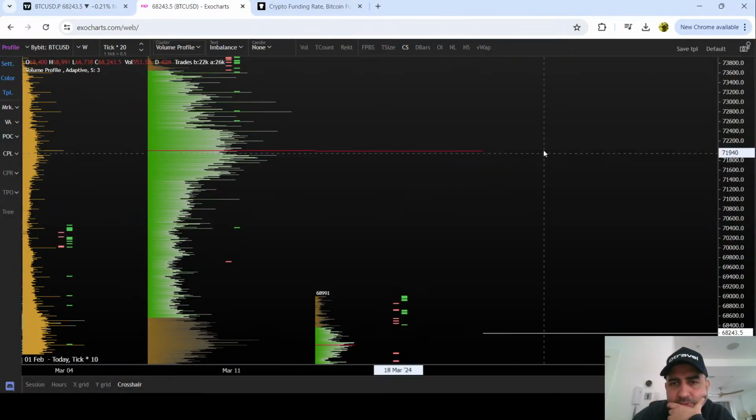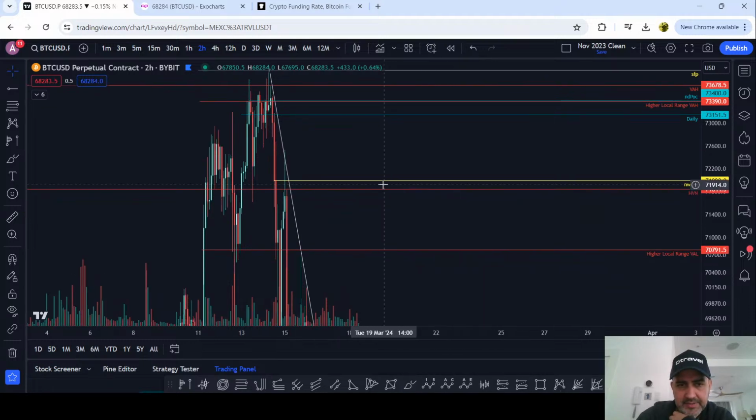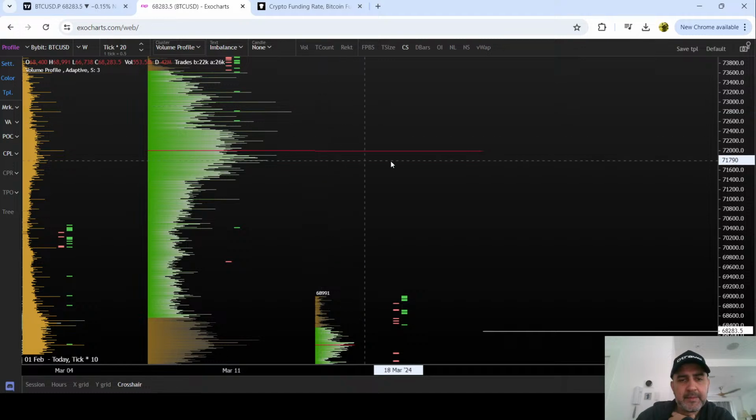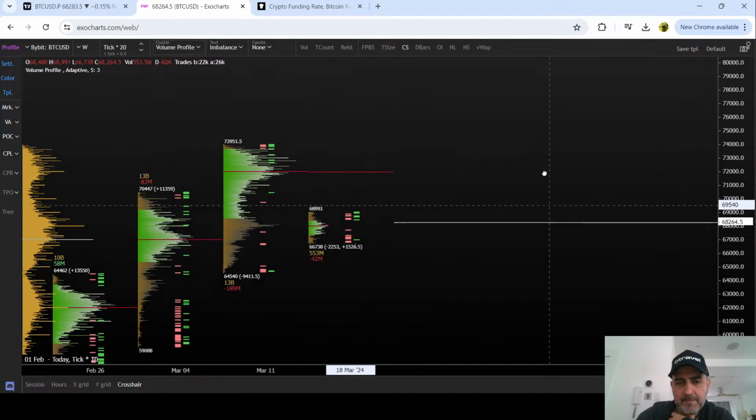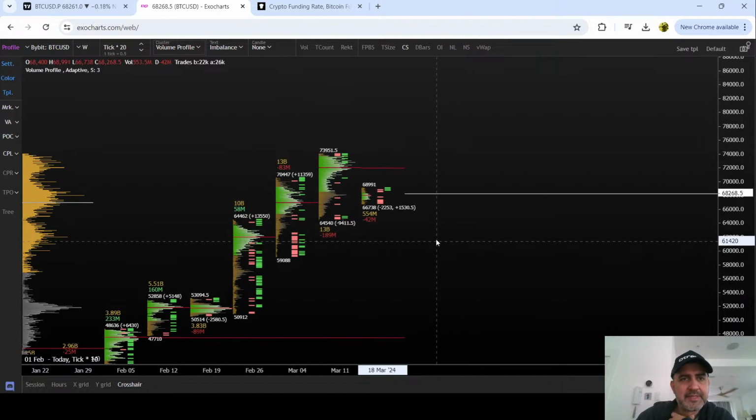So it was 71990. Okay, so that's at the high volume node. That's quite interesting. I can't see any more. There's ones lower down, way lower down.